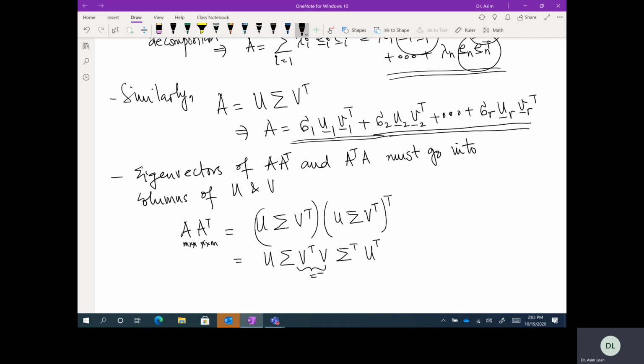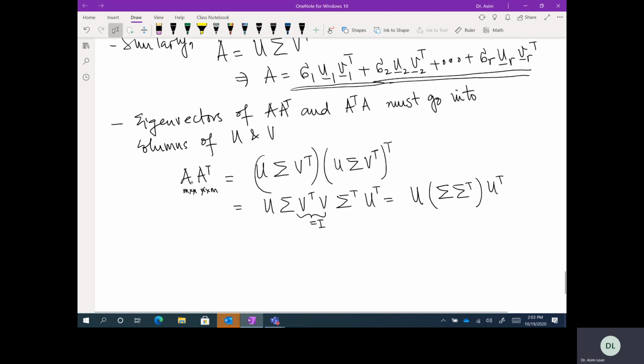This, by the way, is identity because V is an orthogonal matrix. So this is U sigma sigma transpose into U transpose. Obviously these two matrices are similar because they have the same eigenvalues. So columns of U are the eigenvectors of A A transpose. Similarity transformation.